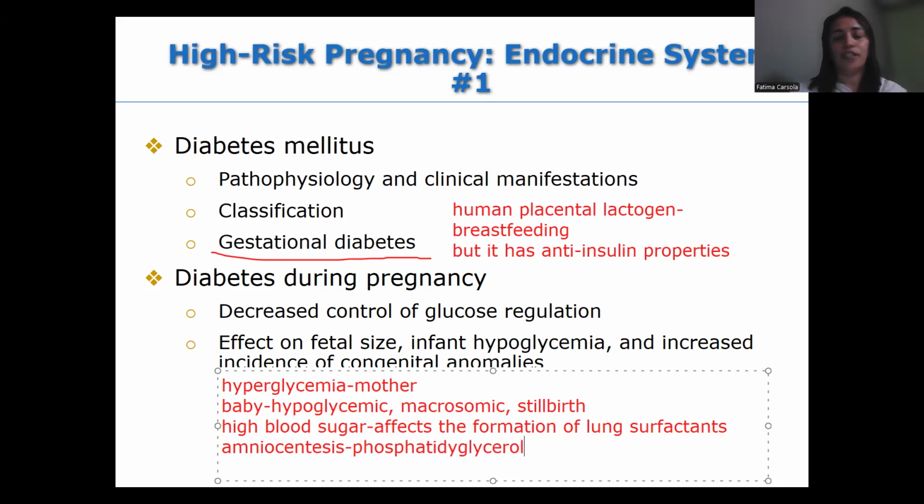This is the most important lung surfactant that you have to check if the mother is suffering from diabetes mellitus, or gestational diabetes mellitus: phosphatidylglycerol. I'm just checking the spelling anyway. So we have the right spelling, phosphatidylglycerol. That is the most important lung surfactant that you will be checking when the patient is suffering from diabetes.